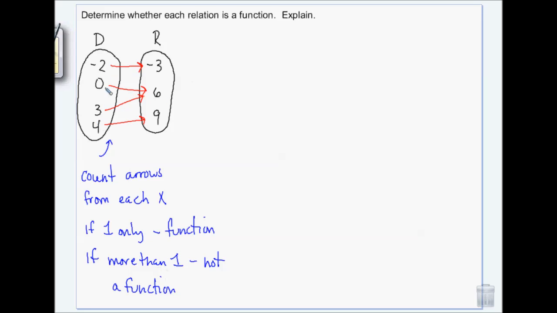I only have 1 arrow each, so this is a function.